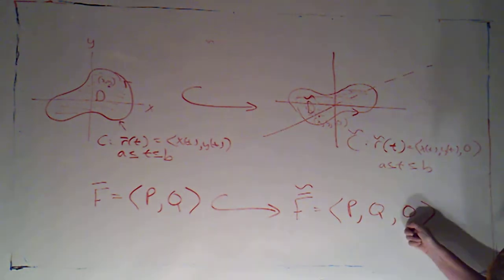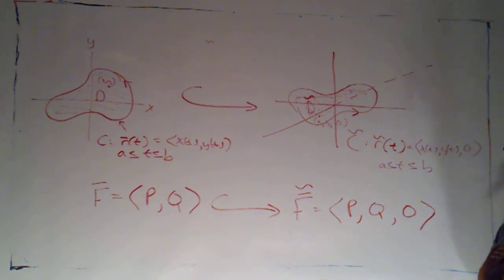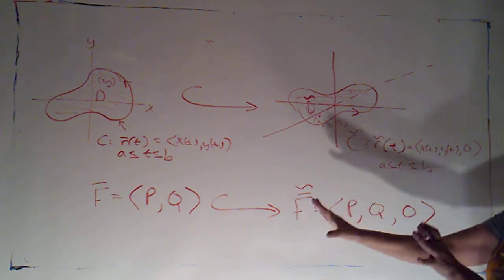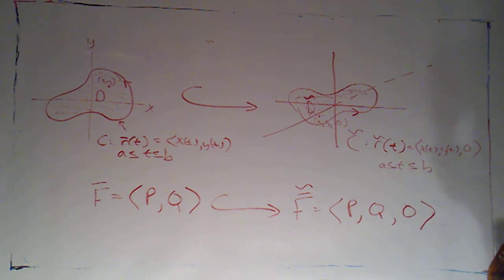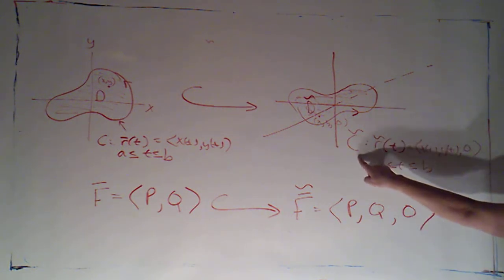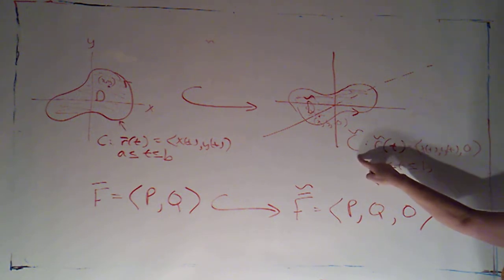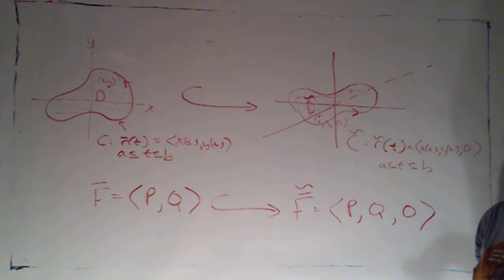And then 0 here. So any points I have, I simply attach a z value of 0. Any functions I have, I add a third component function of 0. And that's my embedding. Now once I have that, I have that C tilde is the boundary of D tilde, and so I can apply Stokes' theorem to that.